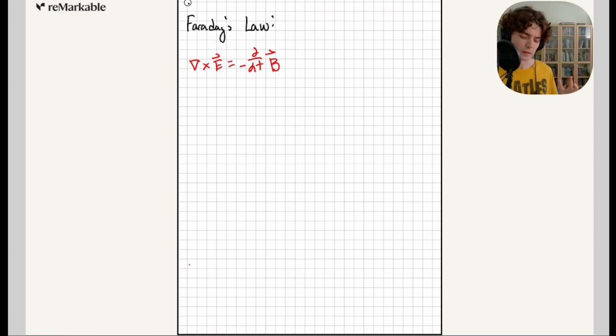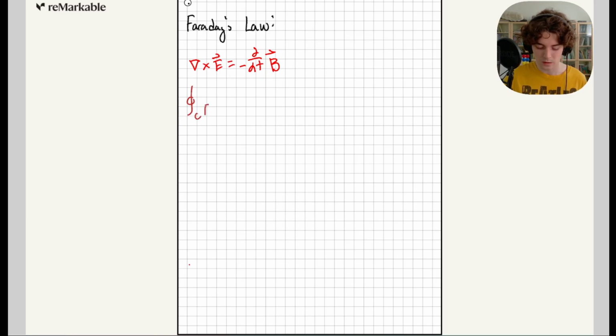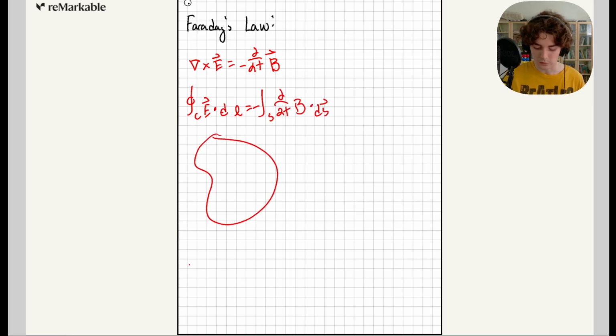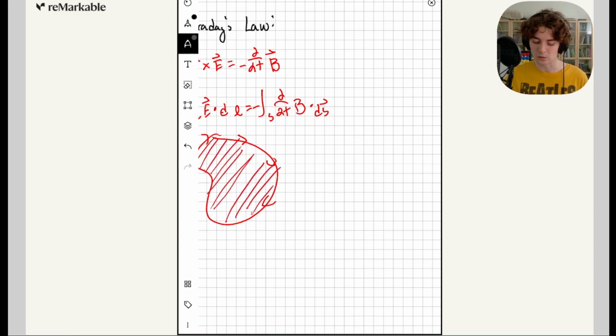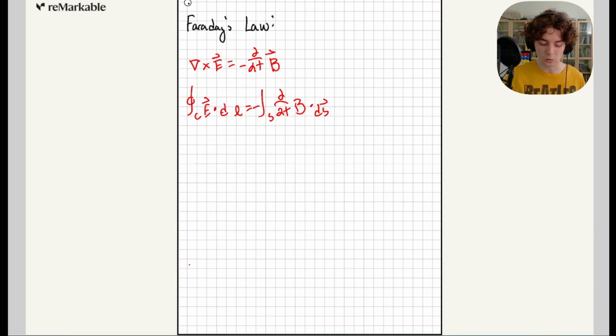And if we apply our laws to this here, we get that the closed line integral of the electric field equals the negative of the surface integral of B. So if we have some line here, this is our line integral for E. This value is going to be equal to the negative of the surface integral of the amount of changing B through this surface enclosed by our closed line.